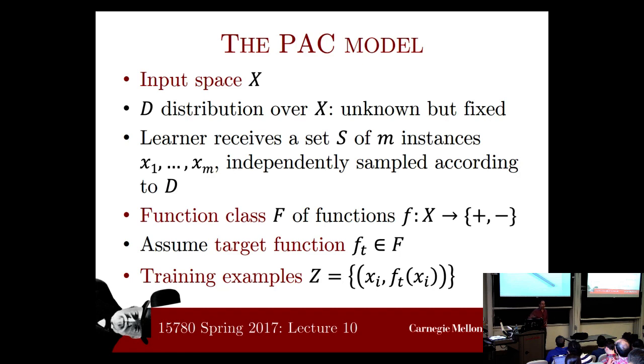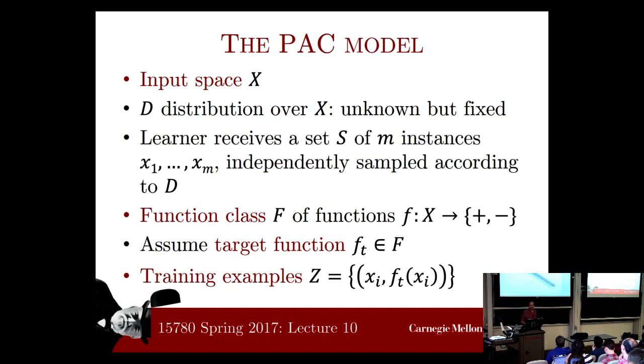There's going to be quite a few notations and, like I said, quite a few non-trivial definitions. We'll try to go over this slowly, but please stop me if you miss anything. So we're going to have an input space X, which is the space where our data, our examples, live.